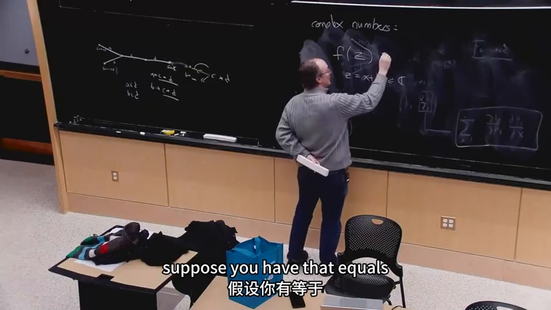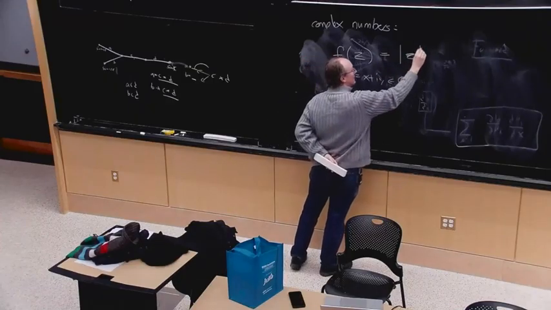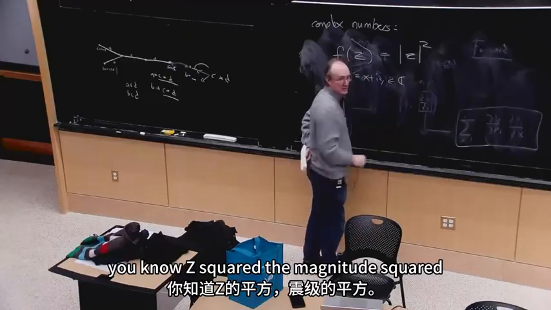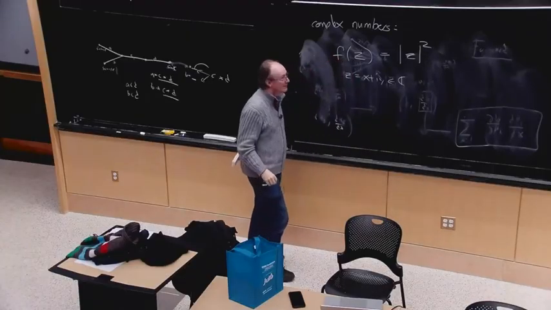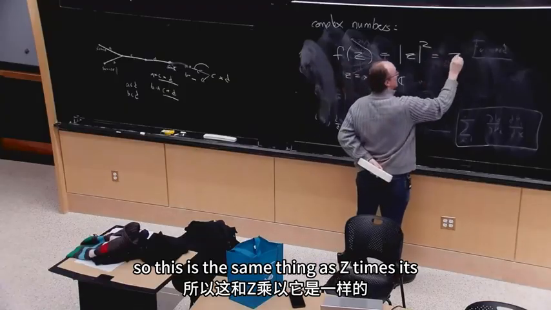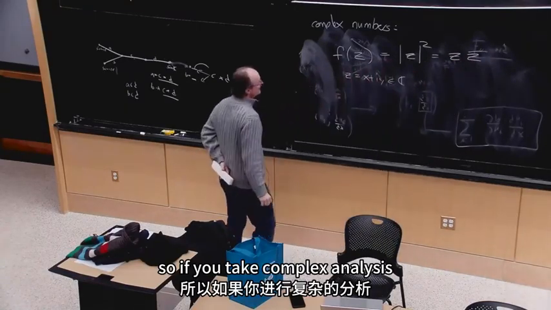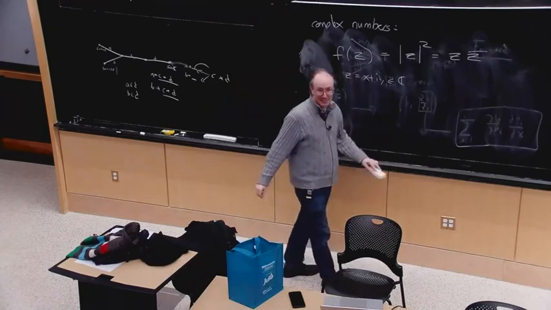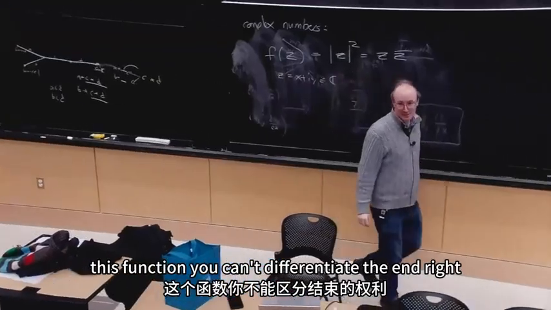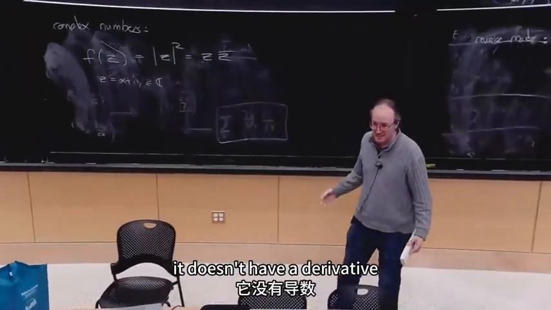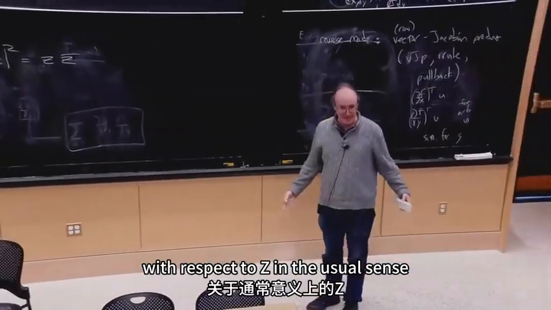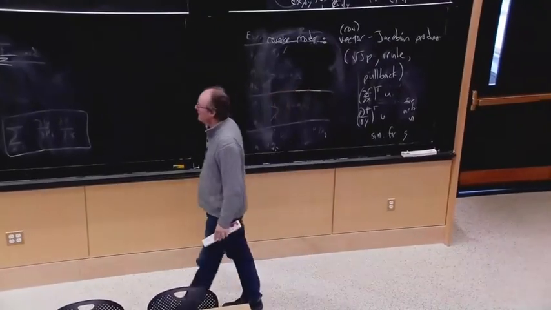Suppose you have that equal to the magnitude of z squared. So this is the same thing as z times its complex conjugate. If you take complex analysis, they'll say, okay, this function you can't differentiate. The end. It doesn't have a derivative with respect to z in the usual sense.